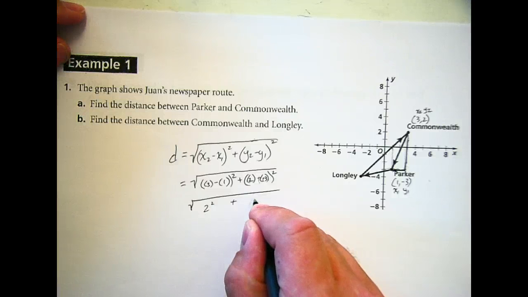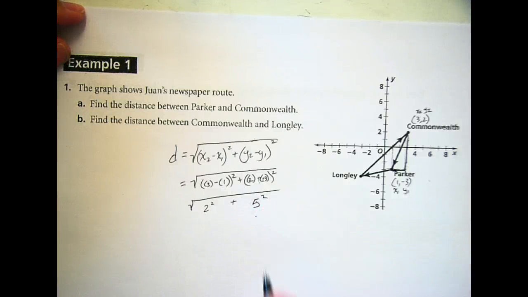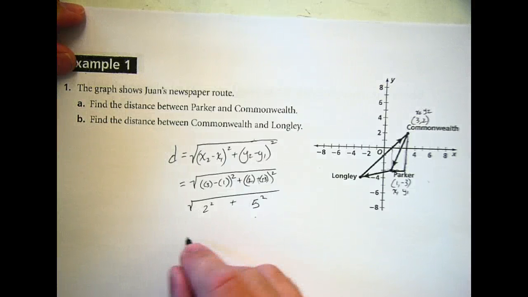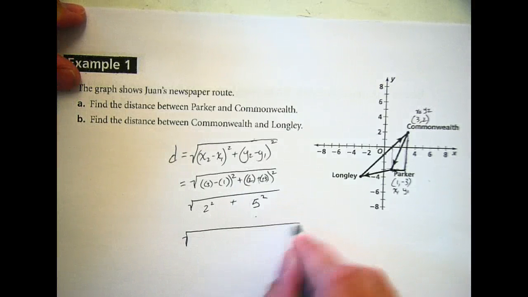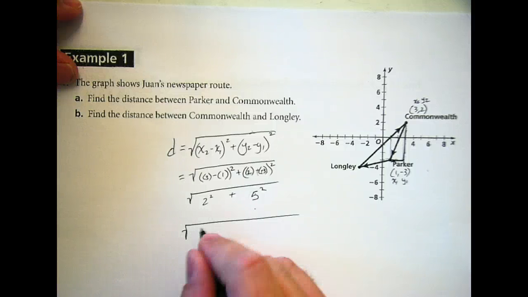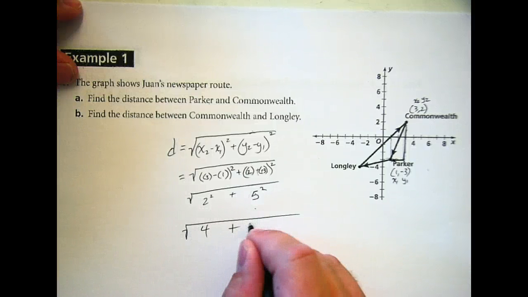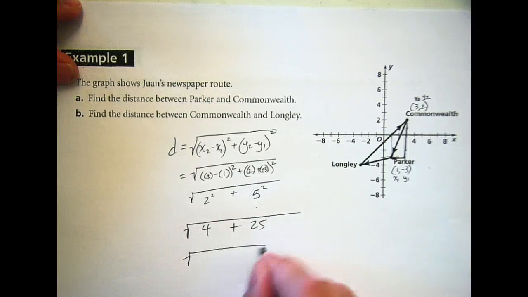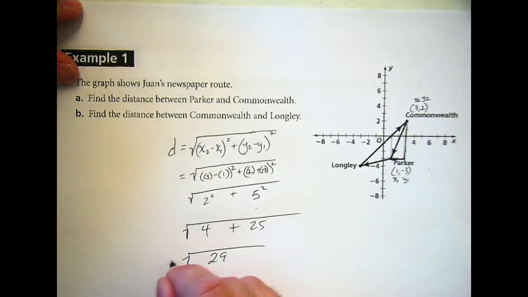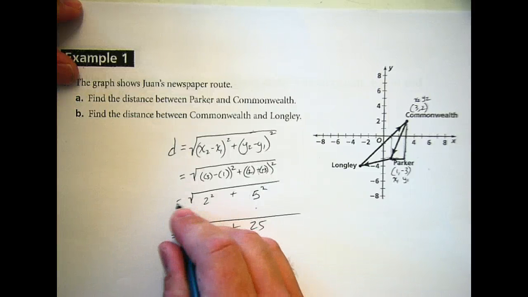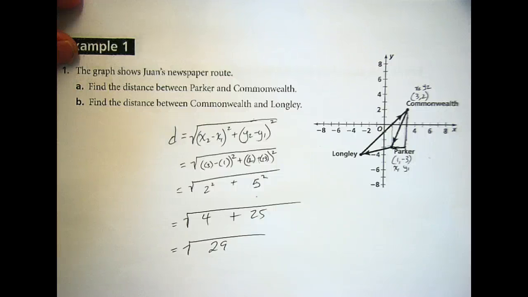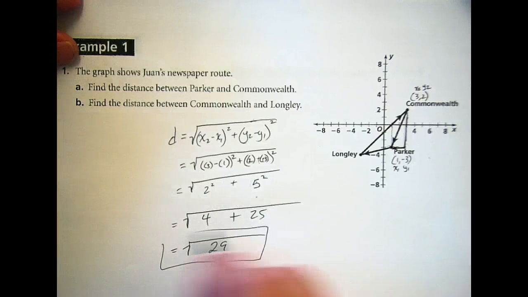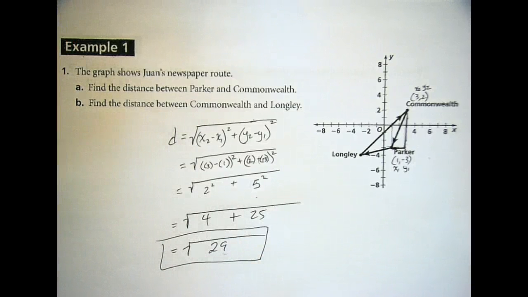Everyone? 5. That wasn't everyone. That was close to like 1/3 of us, maybe 1/4 of us. Okay? What's 2 squared? 5 squared. And we get root 29. Can that be simplified? No, it can't be. There isn't a perfect square that goes into it. So the answer is root 29. That's the distance. Now, if it says round to the nearest tenth, then you could do that, but it doesn't here. So we're going to leave it as root 29.